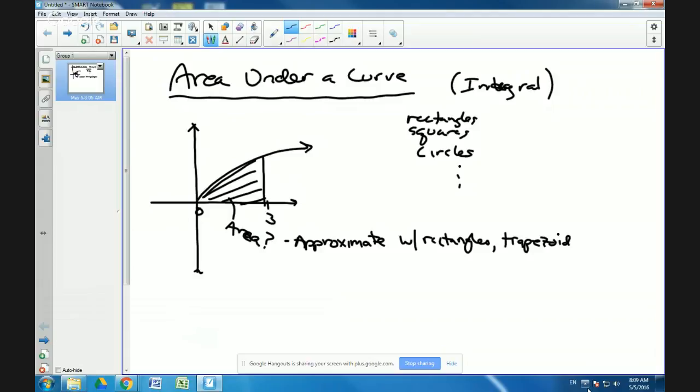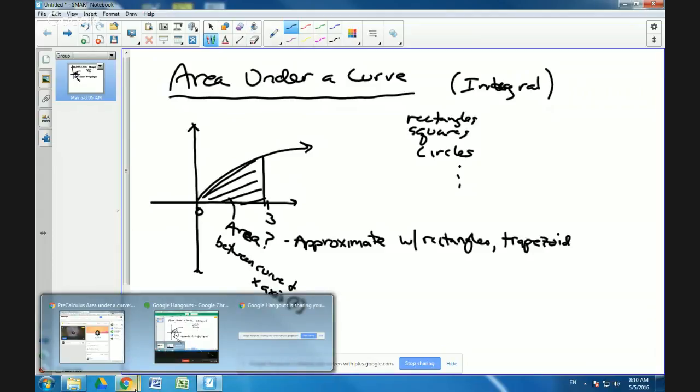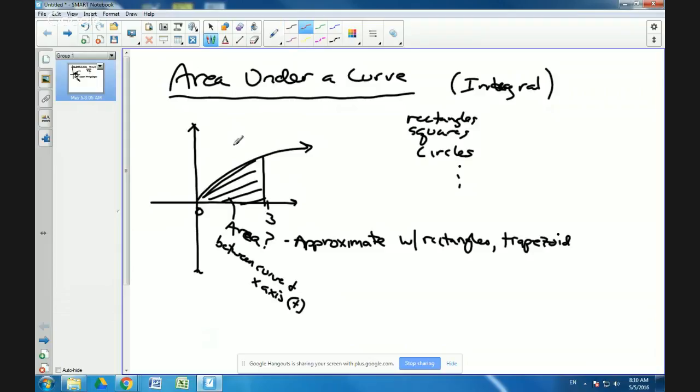So this is the area between the curve and the x-axis. In this case, interestingly enough, it's positive. It would be negative if below.